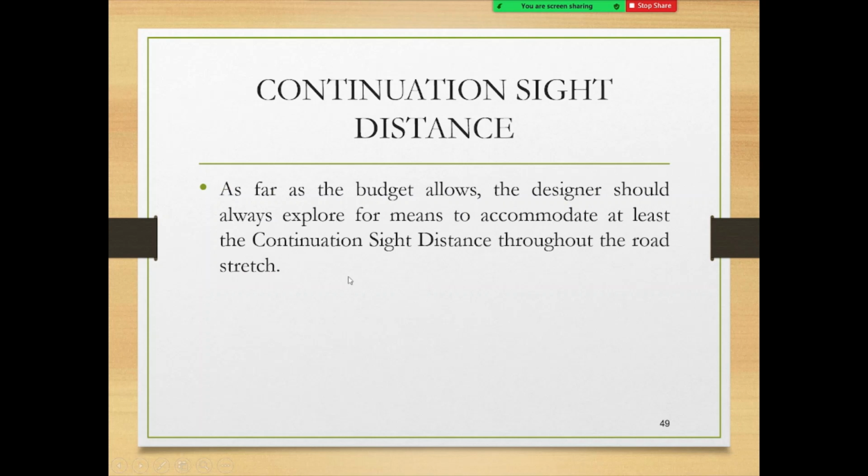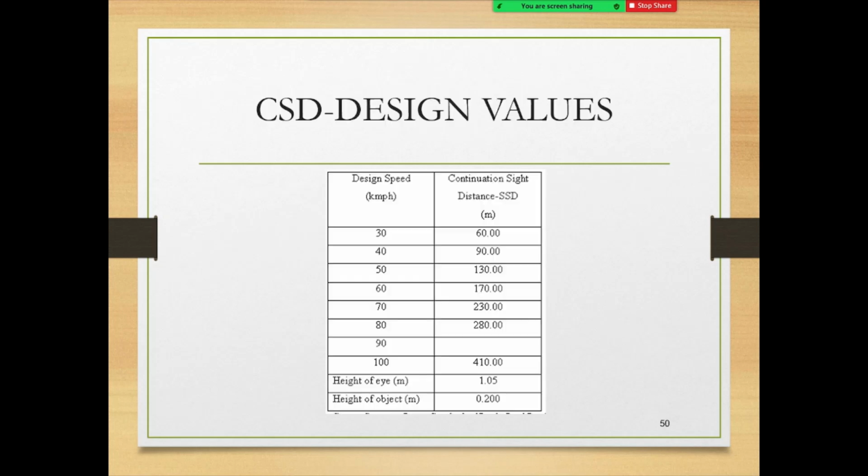Okay, then please understand this is very important. As far as the budget allows, the designer should always explore means to accommodate at least the continuation sight distance throughout the road stretch. So the best thing is to try to give as much as possible this continuation sight distance throughout the road stretch so your road is very proper.